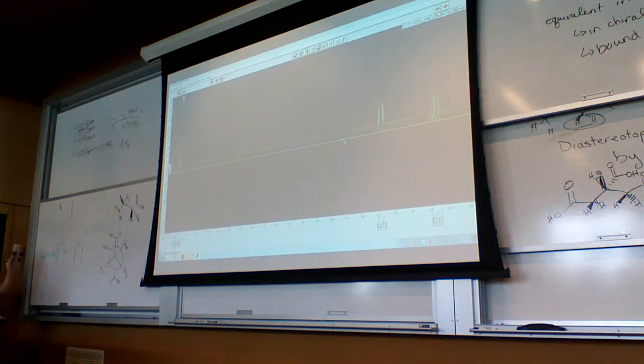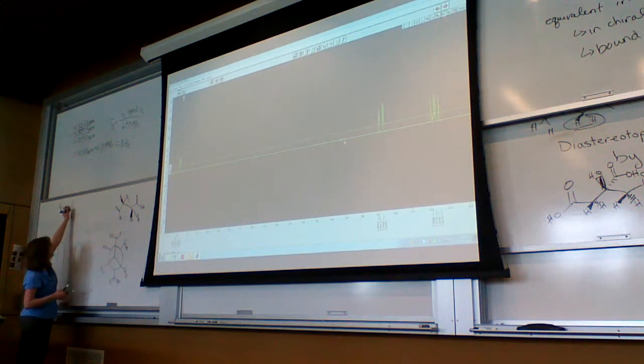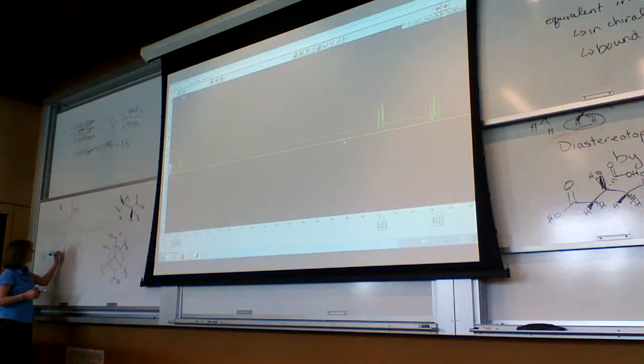Now since JAB and JAC are not equivalent, we get 4 peaks that are all equal in value. So if we started here at 100%, this one's now 50% of the original, 50% of the original, 25, 25, 25, and 25.